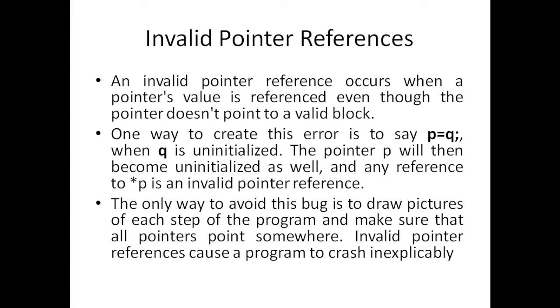Now the pointer doesn't have any value because the previous variable is not initialized at all. Here you can see an example: p = q doesn't have any value. So now p is an invalid pointer reference. q is uninitialized and p becomes an invalid pointer reference.